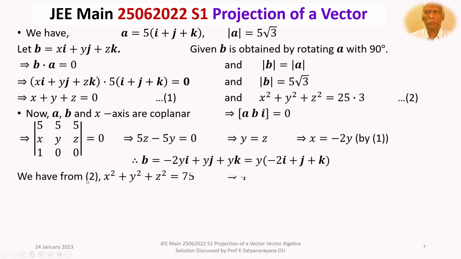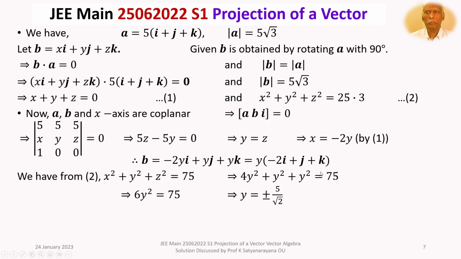From the equation x square + y square + z square = 75, x square is 4y square, plus y square, plus z square which is y square, equal to 75. That is 6y square equal to 75, so y square is 25 by 2.